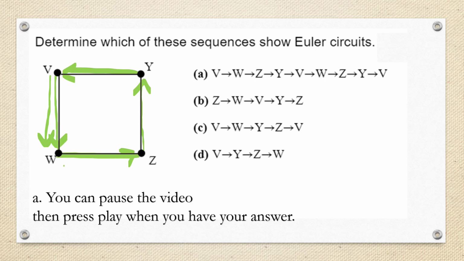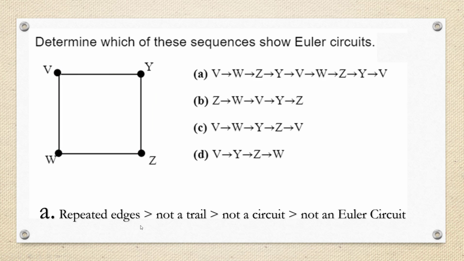We go from V to W again, then W to Z, Z to Y, and then over to V. So what does this tell us? Well, we have repeated edges, which means that it's not a trail, which means that it's not a closed trail or circuit, so it can't be an Euler circuit. If it's not a circuit, it definitely can't be a special kind of circuit.